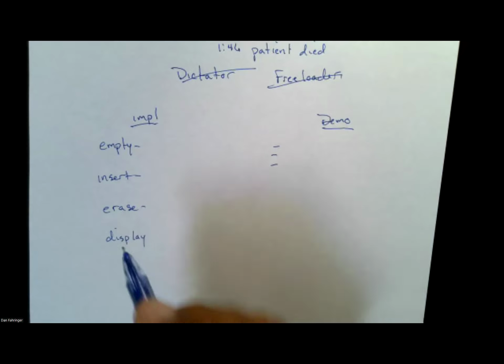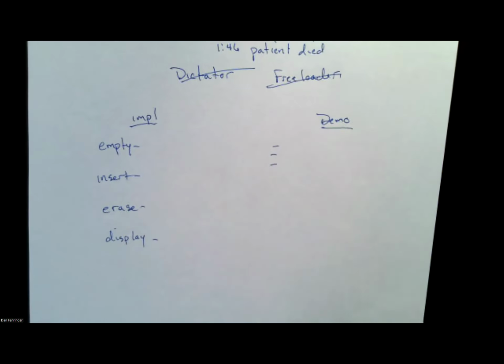Well, this is okay, except somebody needs to be in charge. I need to be able to go see how insert is doing. Uh-oh, I need to send another person or two over there to help them out. The person on empty is done. I need to have control. I can send them over to erase.